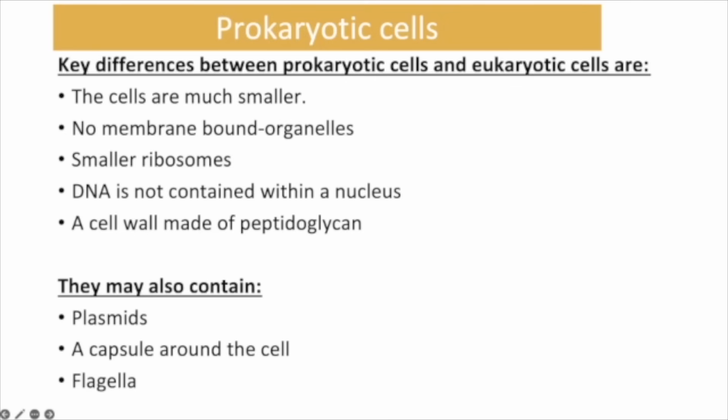The DNA in a prokaryotic cell is not contained within the nucleus, and prokaryotic cells do have cell walls, but they're made up of peptidoglycan, whereas in eukaryotic cells, in plants it'd be cellulose, and in fungi it'd be chitin. Now, some prokaryotic cells have additional features, which are the plasmids, a capsule around the cell, and the flagella.